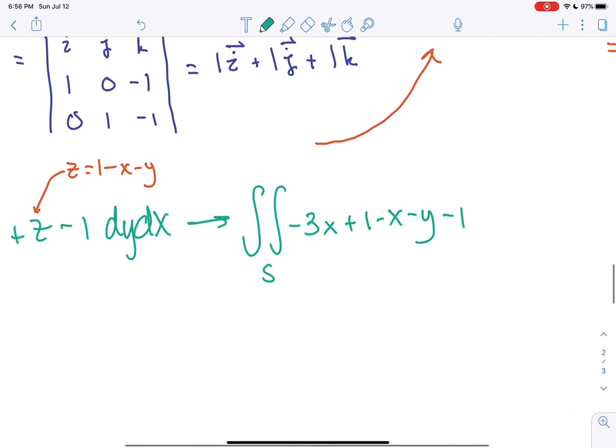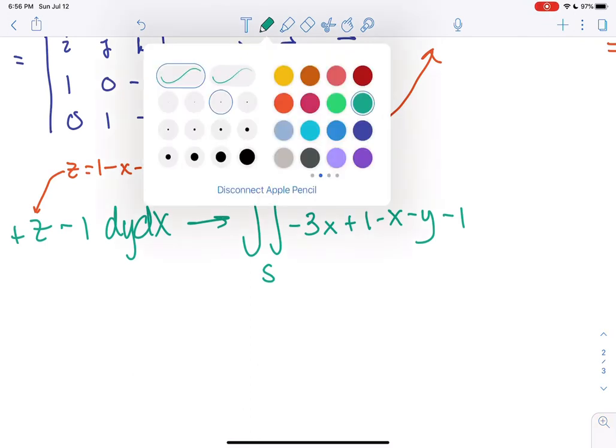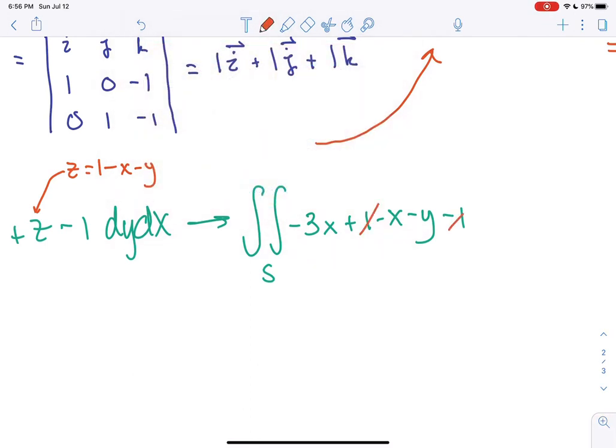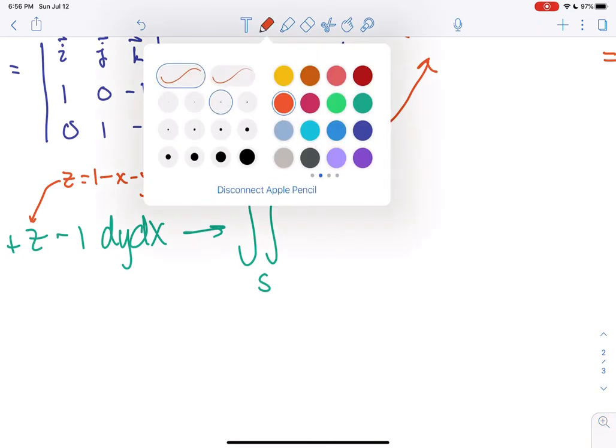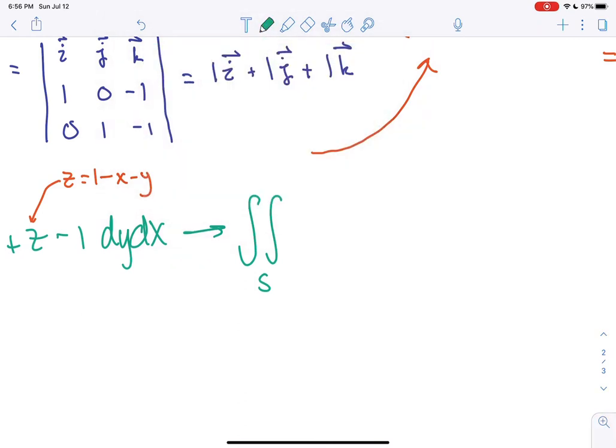And let's simplify that here for a second. So the 1's will cancel out. You'll have minus 4x minus y. So this comes to negative 4x minus y dy dx.